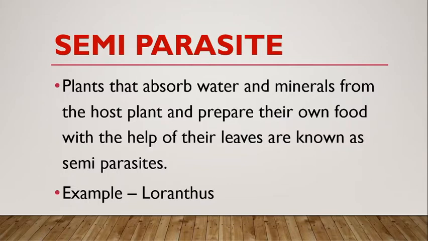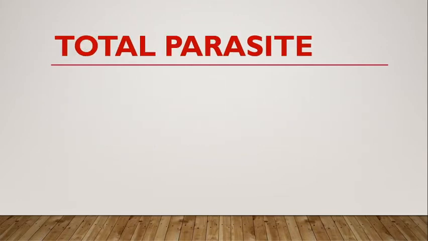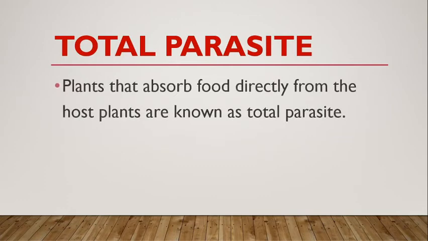Now we are moving to the next section. The second type of parasite is total parasite. So let us see what's the definition for total parasite. Plants that absorb food directly from the host plants are known as total parasite.